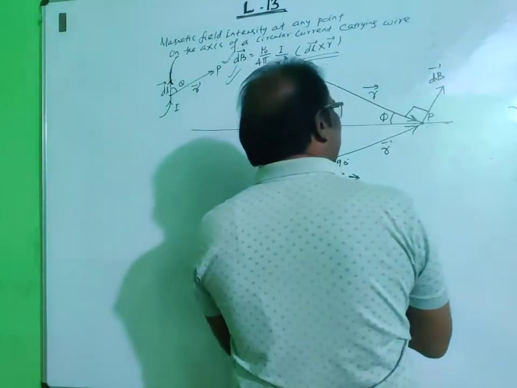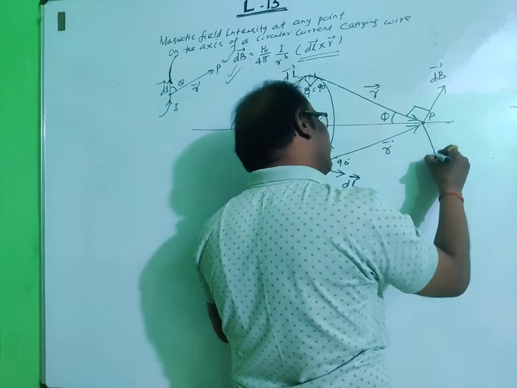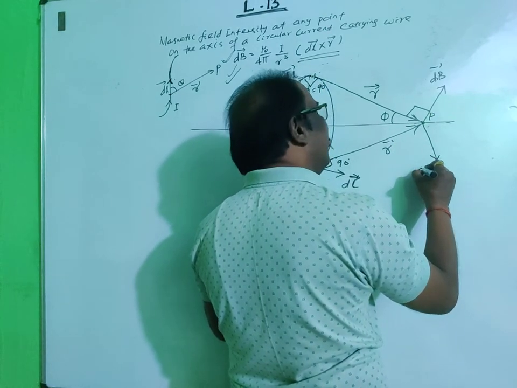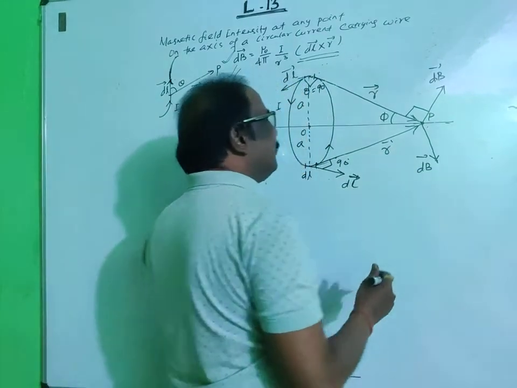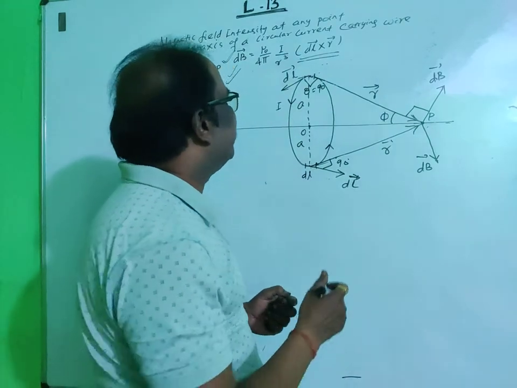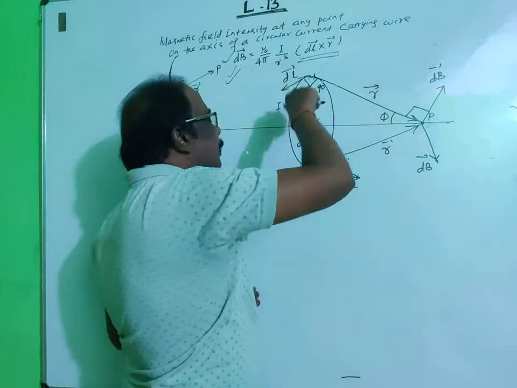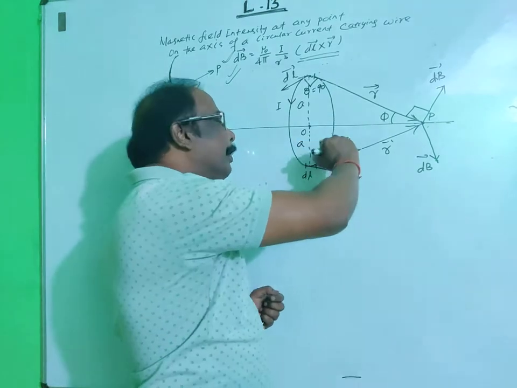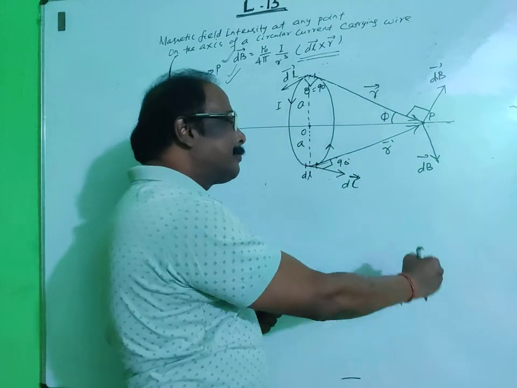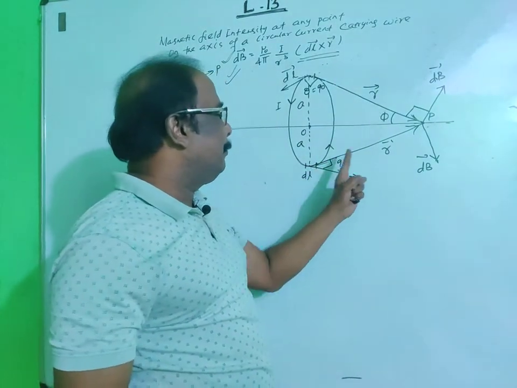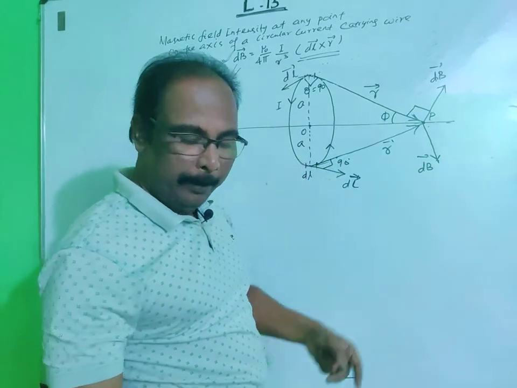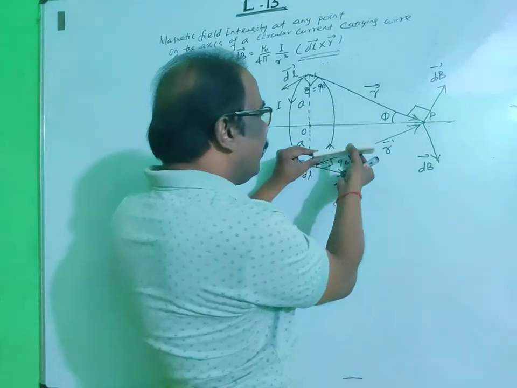So this is the direction of dB. Just think in a three-dimensional view. Here dL is inwards and here dL is outwards. dL cross r is perpendicular to dL and r, meaning perpendicular to the plane of dL and r.